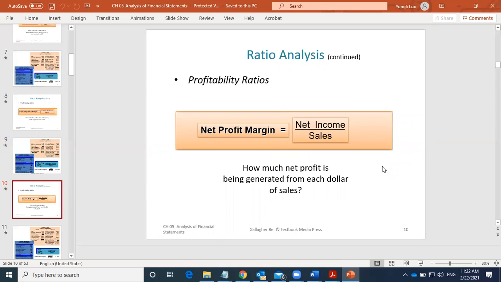Another important one is called net profit margin. Net profit margin is net income divided by your total revenue or total sales.